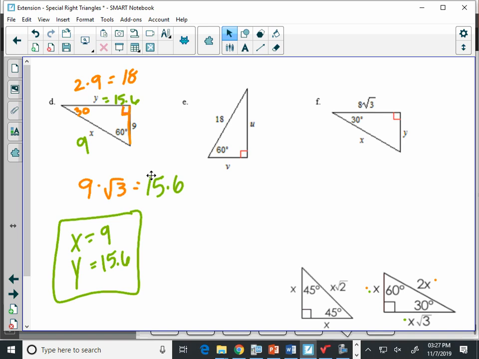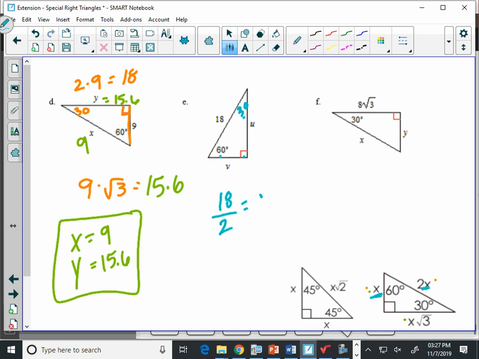Here we're given our hypotenuse. I know this is a 30, 60, 90 because I have a right angle and a 60 degree. The other one's automatically 30. I'm going from hypotenuse to short leg, so I have to cancel out that 2. So I'm going to divide it by 2. 18 divided by 2 is 9, so I know that leg here is 9.